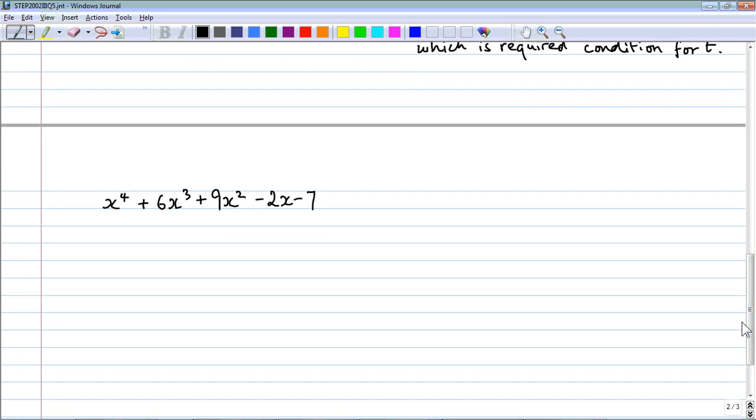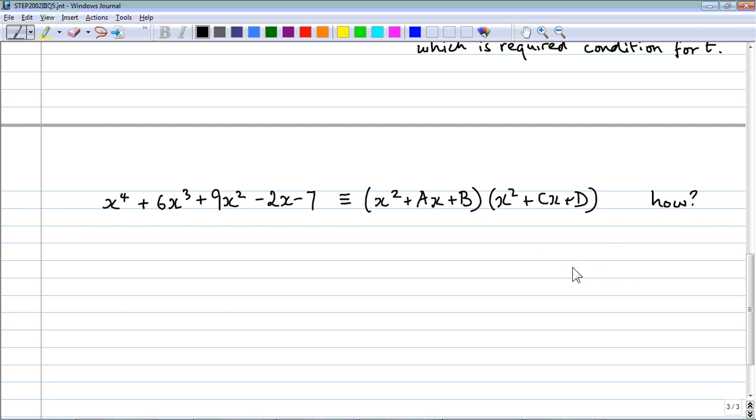So they're asking us to write this as a product of two quadratic factors, so it will have to be something like x squared plus ax plus b times x squared plus cx plus d for some constants a, b, c and d, which we should determine. Now notice I just put 1x squared here and 1x squared, and that must be true because here we have x to the power 4. So this is what they're asking us to do.